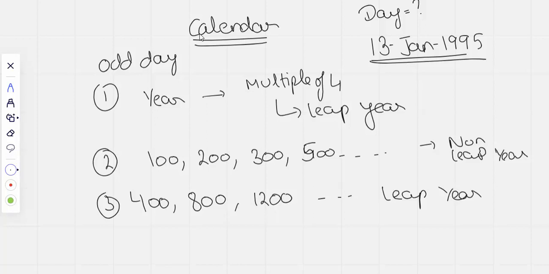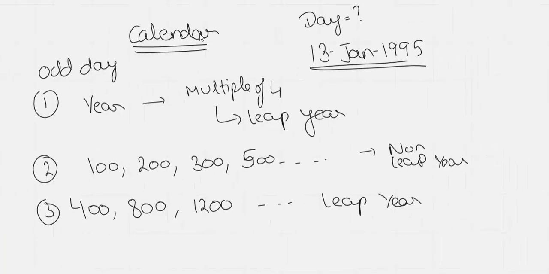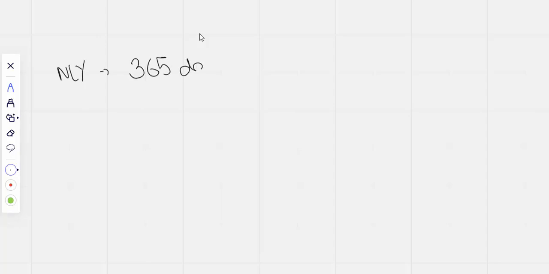Now we have to see, for a leap year, what is the odd day, and for a non-leap year, what is the odd day. Let's take an example. If I take a non-leap year, it has 365 days. So how to find the odd day?